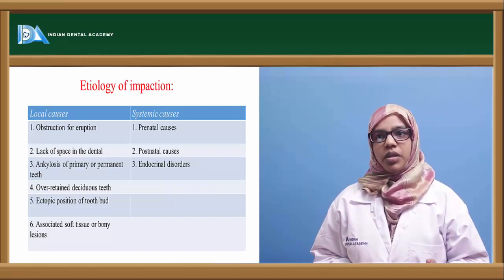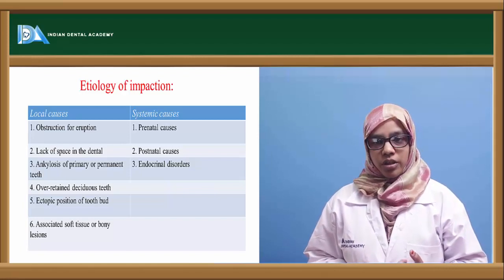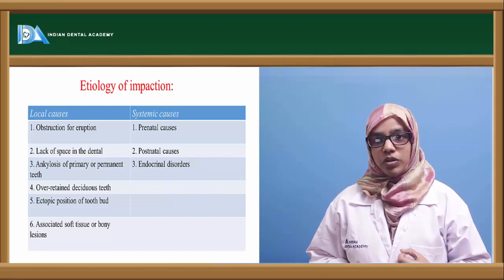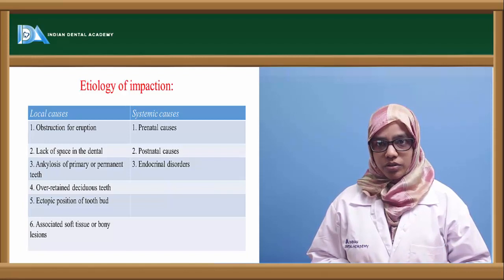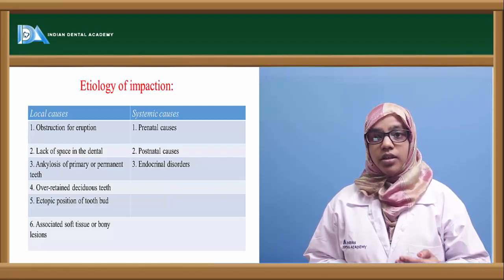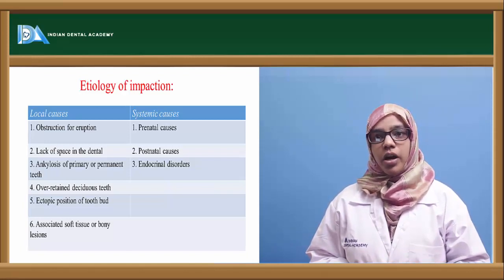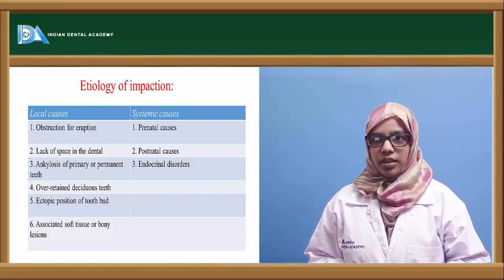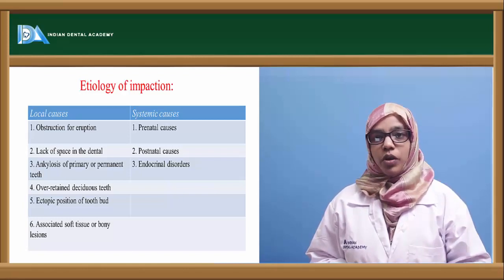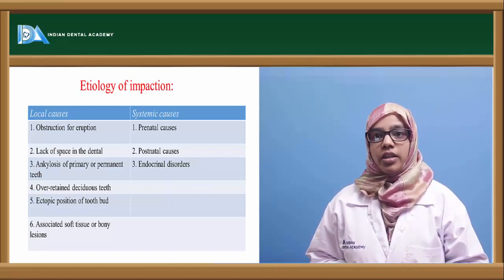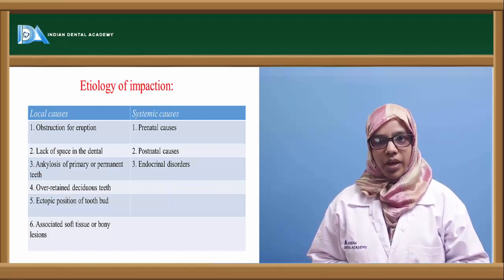Now, etiology of this impaction could either be local factors or systemic factors. Local factors can be because of an obstruction. Now, the obstruction can be because of the adjacent second molar position. If the second molar is tilted distally, the path of eruption of the third molar is interrupted. Or it could be because of the obstruction caused by the dense cortical bone, which is not getting resolved, because of which the tooth is impacted.